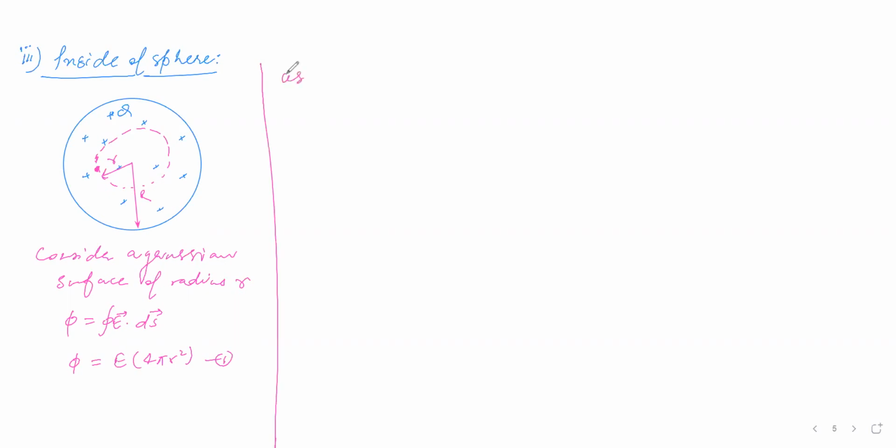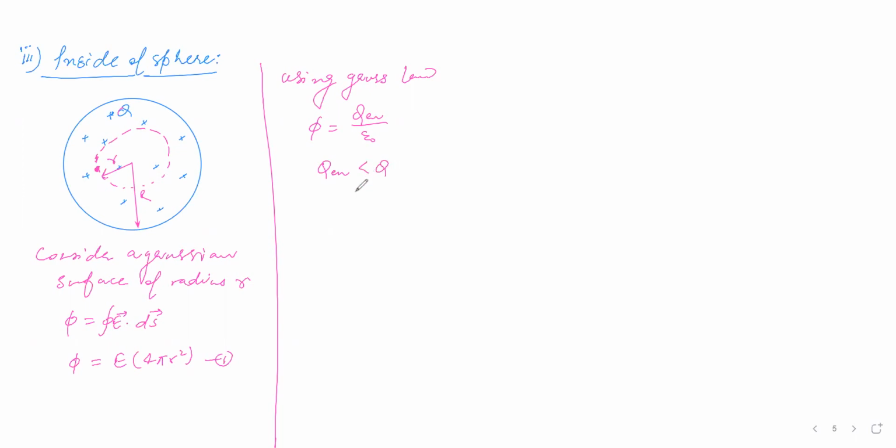And now, using Gauss law, phi is Q enclosed over epsilon naught. Can you tell me whether the total charge enclosed is less than or greater than capital Q? Because we have taken a small area inside the sphere, not all. So Q enclosed is less than capital Q.